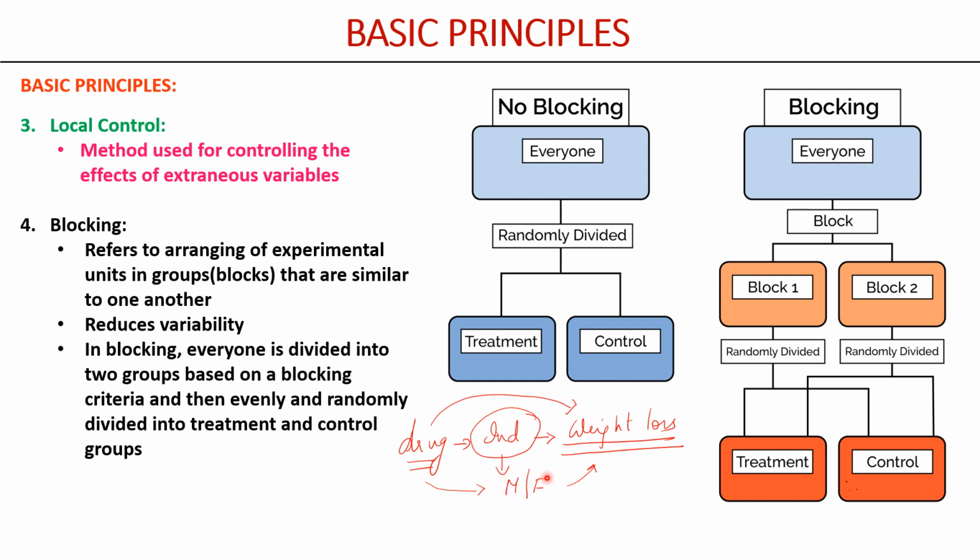So this particular main aspect of the sex of the patient is not considered here. So I realize that this is a factor which can give me a wrong conclusion, and therefore I need to block this extraneous variable, which is the sex of the patient. As I said, I cannot block it completely, I cannot eradicate it, but I can do one way.